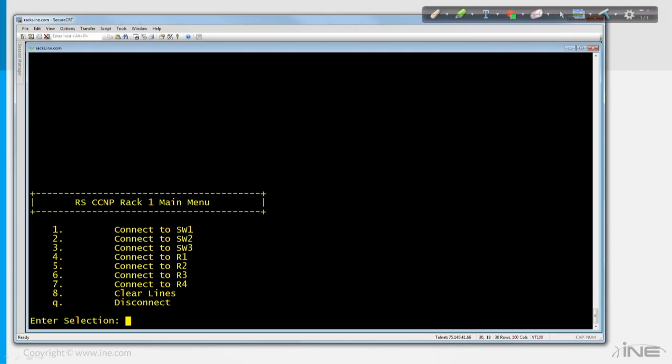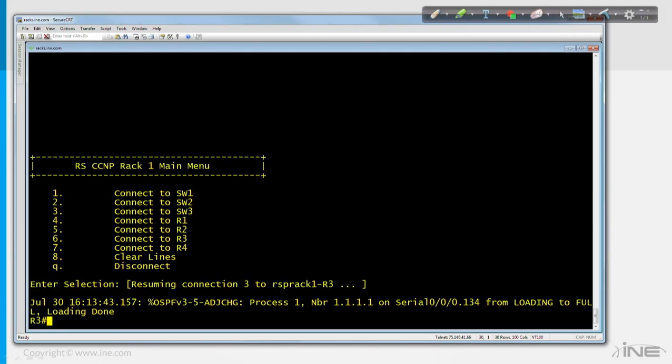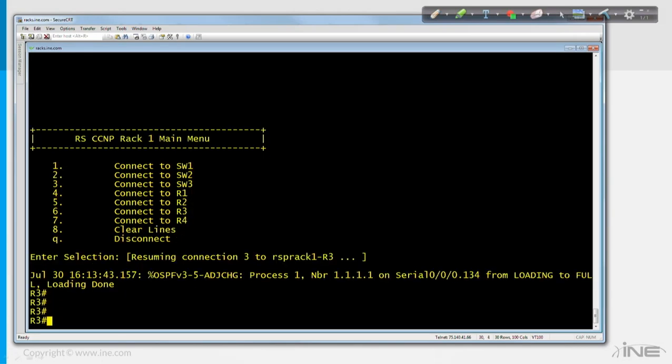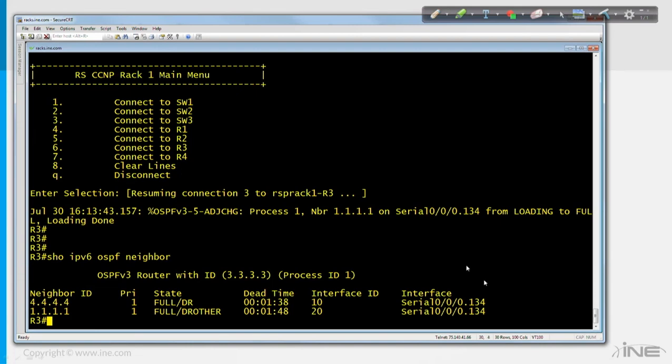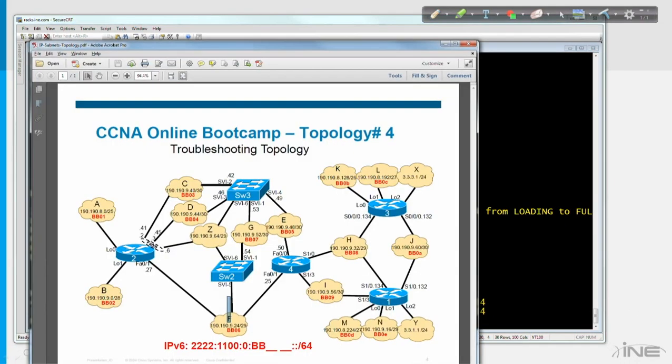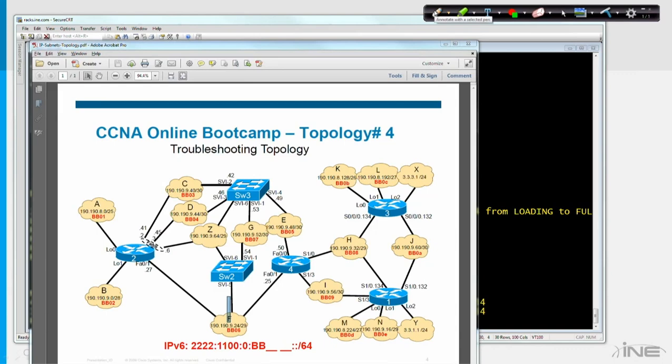Going back to router 3, show IPv6 OSPF neighbor. Okay, so we see serial 0/0.134, but what we're missing is this connection right here. There's no neighbor relationship across the point-to-point frame relay cloud.